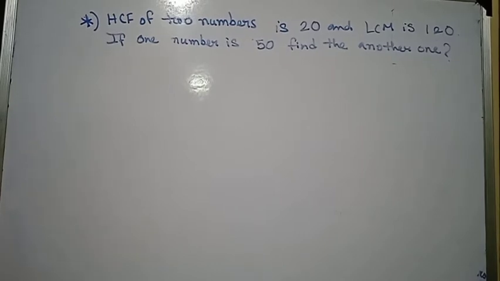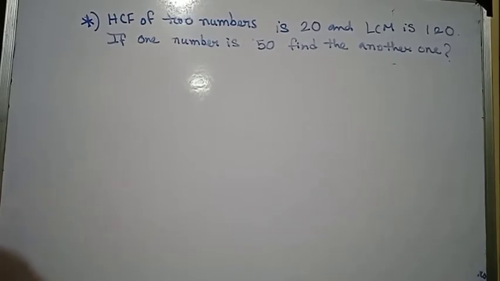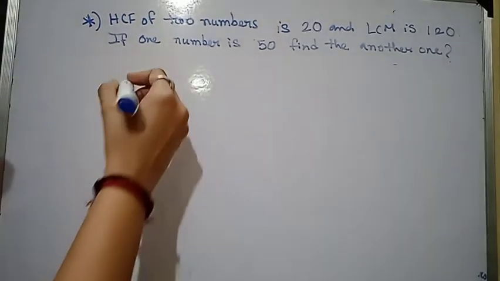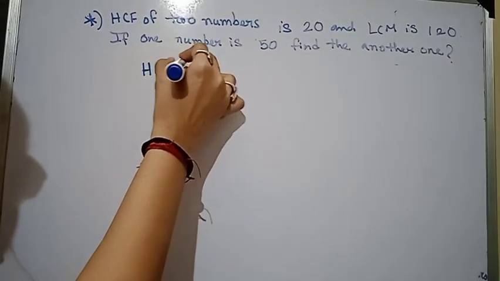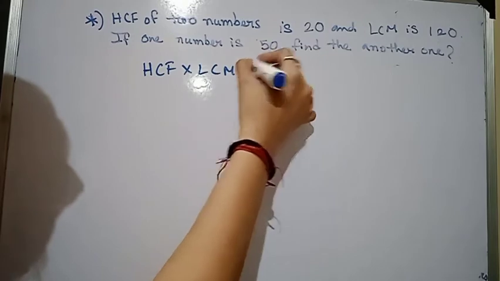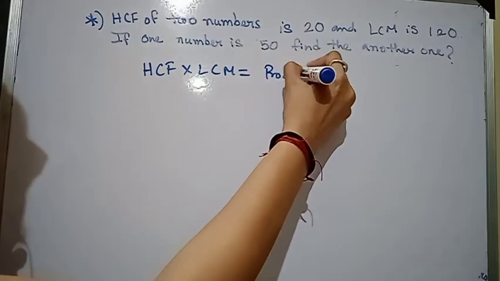So this sum is like this, that HCF of two numbers is 20 and LCM is 120. If one number is 50, find the other one. So as we know, the relation is like this, HCF into LCM is equal to product of two numbers, right?